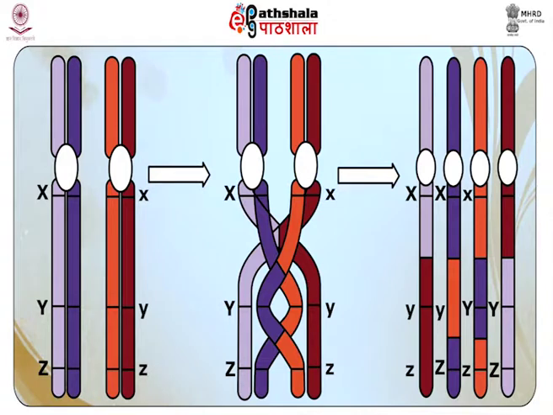The important question is how many recombinant chromosomes will be produced. If the genes are far apart on the chromosome, a crossover will occur every time that pairing occurs, and an equal number of parental and recombinant chromosomes will be produced.